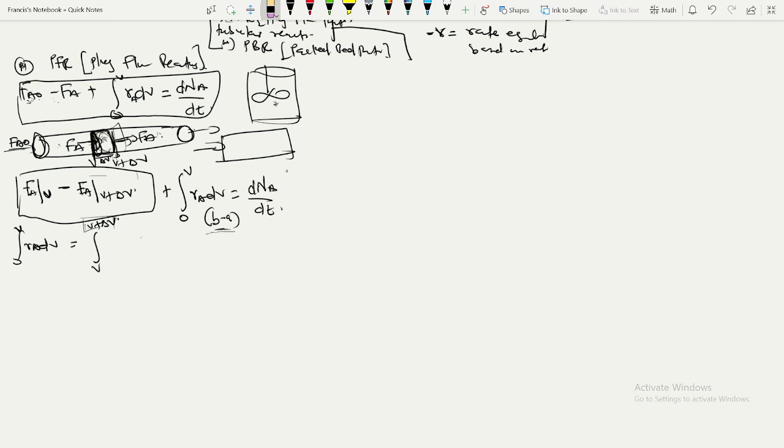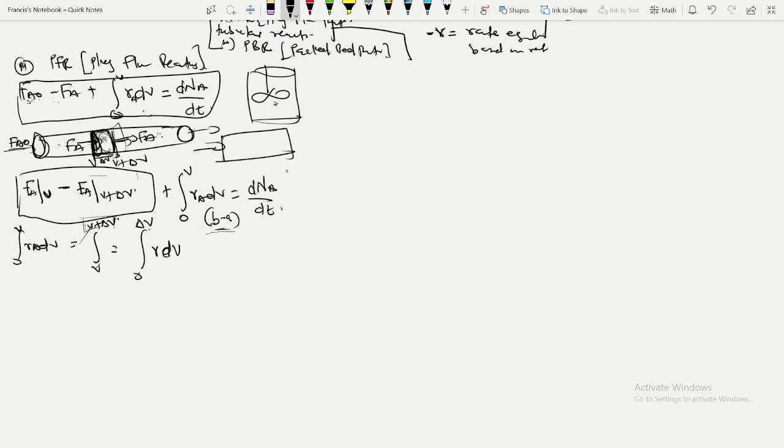When you put everything together, we are going to get this being equal to the integral from 0 to change in V, because when you subtract this from this, the V and the V cancel out and you are left with this. So from 0 to change in V, R dV, right? So this is what we have, and we are going to put that in here.